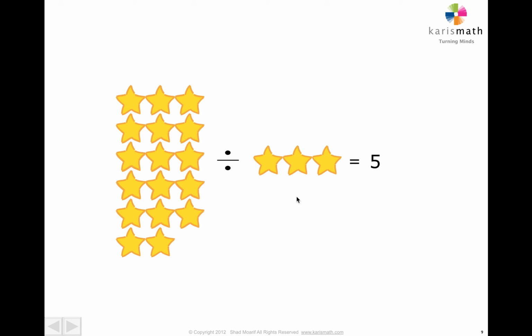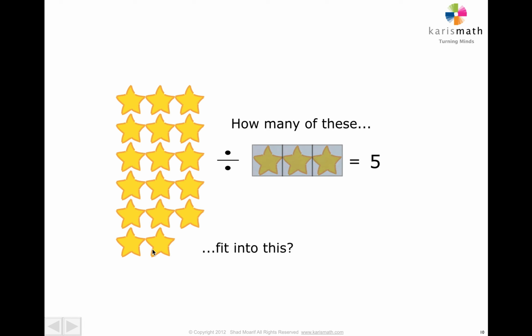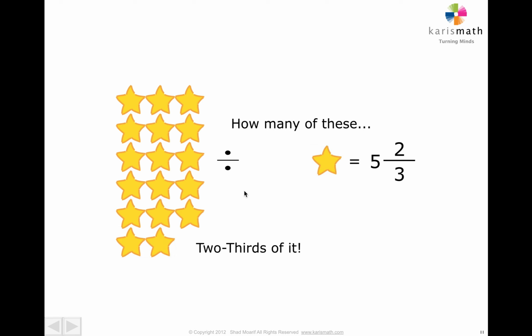Yes. All of these are 5, and then how many of these fit into that? Well, this is about this much. What fraction of this fits into this? Well, 2/3. So we'll say 2/3. So the answer is 5 whole and 2/3.